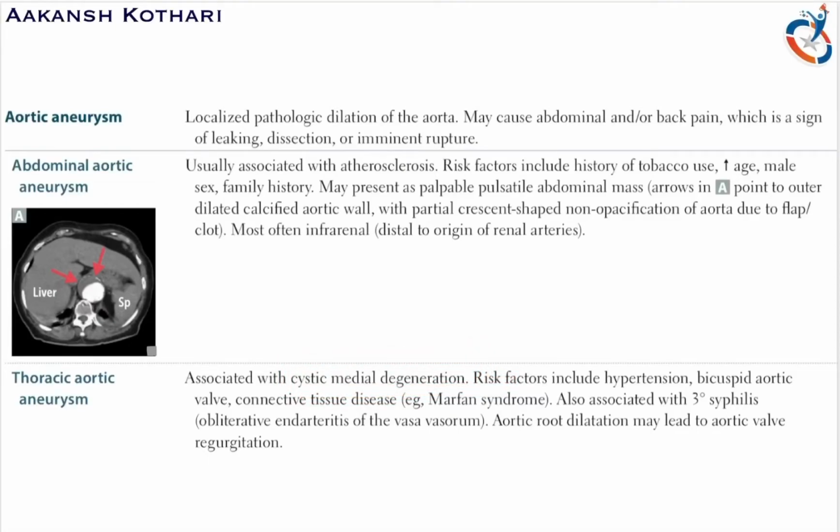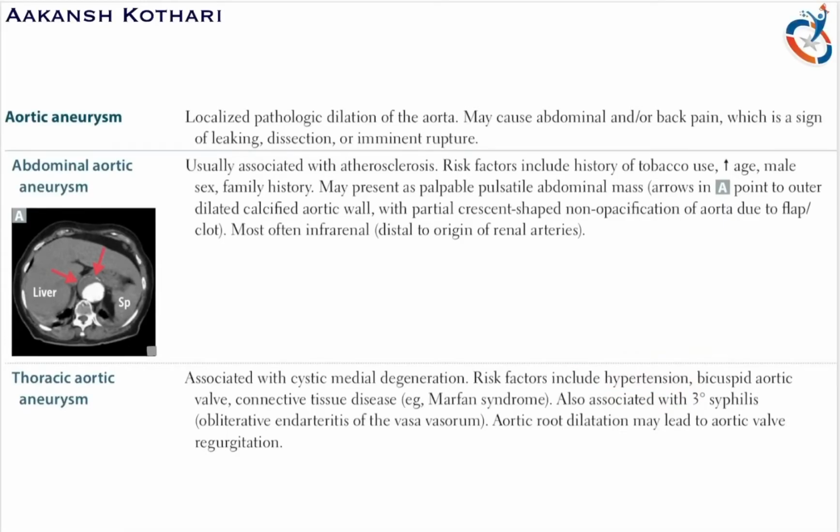Is this clear? So, thoracic aortic aneurysm is presented by cystic medial degeneration because the risk factors include hypertension, bicuspid aortic valve and connective tissue diseases.